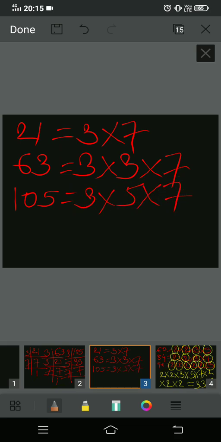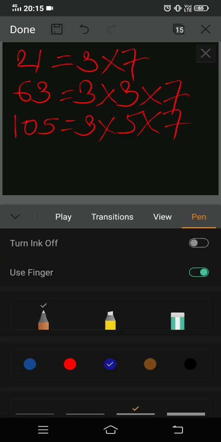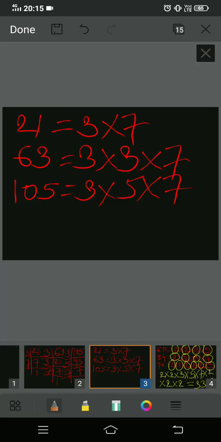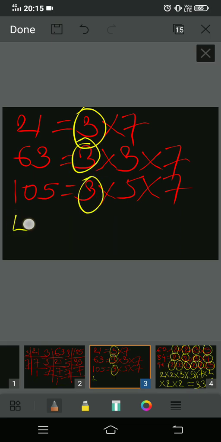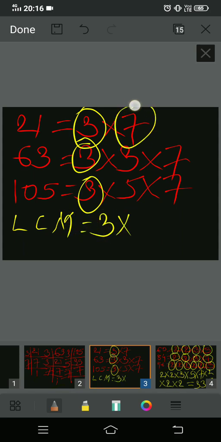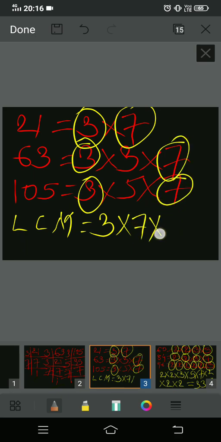Okay, so now what is the next step? We need to see the common factors. Okay, so we see 3, 3 and 3 is here. So what we will do here is LCM is equals to 3 into, and then you see 7, 7, 7 in 3 places. So you will write here 7. Next, what are the numbers left here? Here the number left is 3.